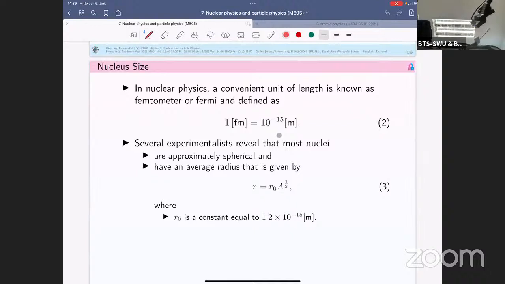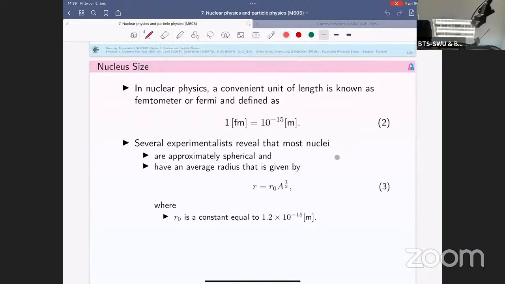Okay, not greater, less than, because 10⁻⁵, 1 by 100,000. That's the size of the femtometer, also called the Fermi.